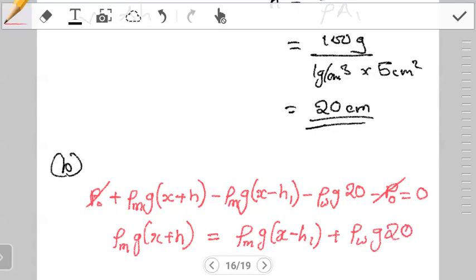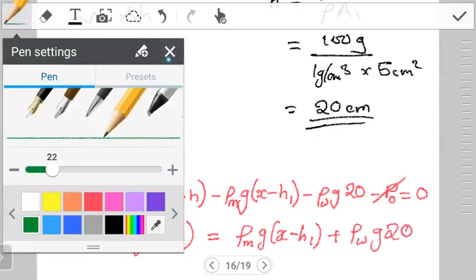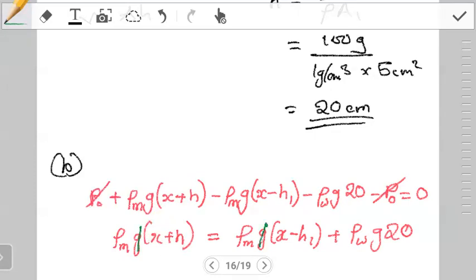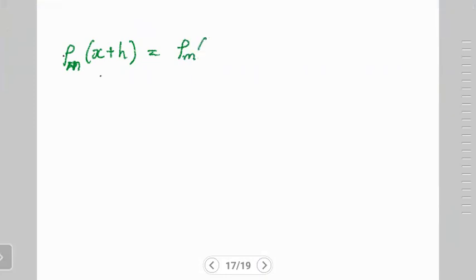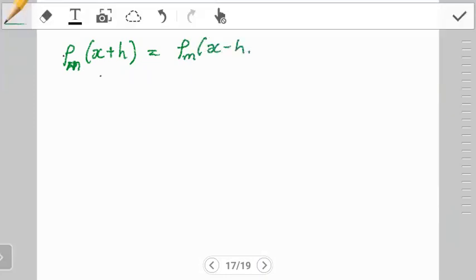Now at this stage, we see that every term has gravity, so gravity quickly cancels out. After we cancel out gravity, what remains is rho mercury times (x plus h) equal to rho mercury times (x minus h1) plus rho water times 20.